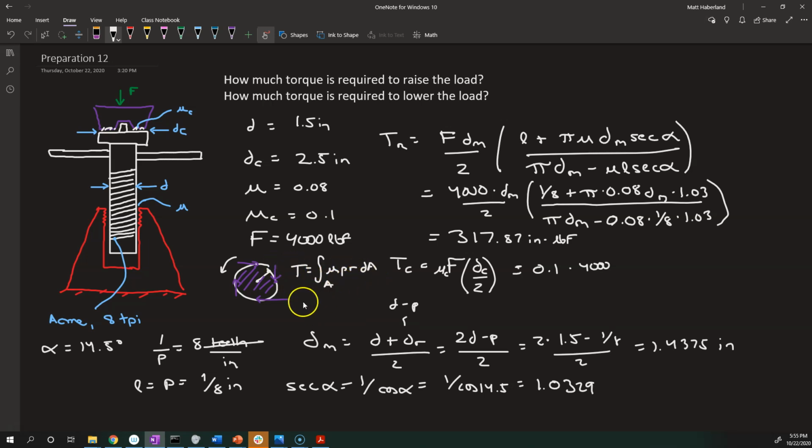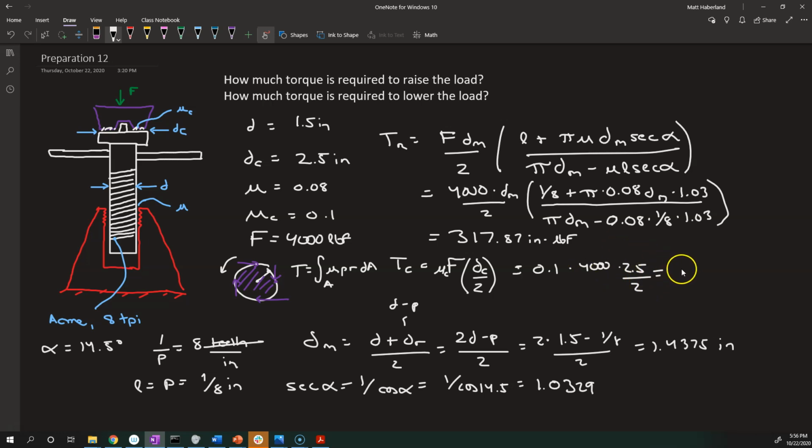But we've just simplified it. We're saying it's going to require more torque due to friction. We're going to calculate an upper bound on the torque required to raise the load if our numbers are right. So the diameter of the collar is 2.5 inches, divided by 2 becomes the radius.